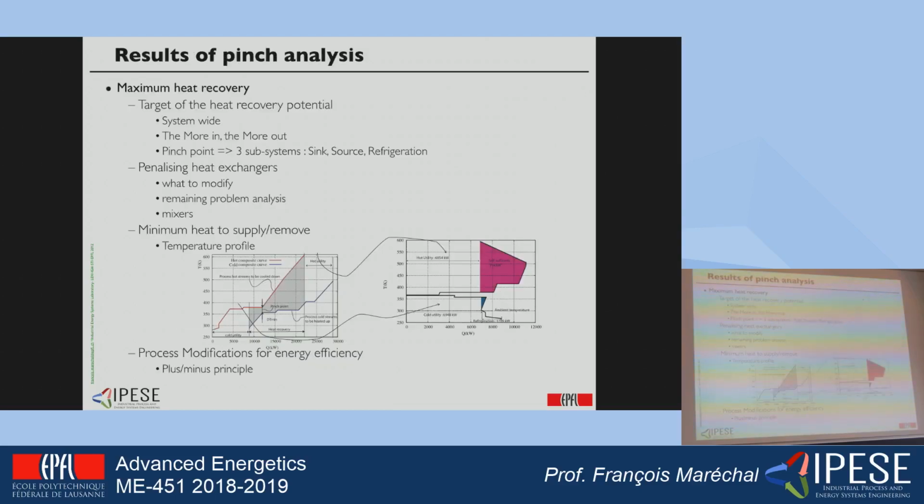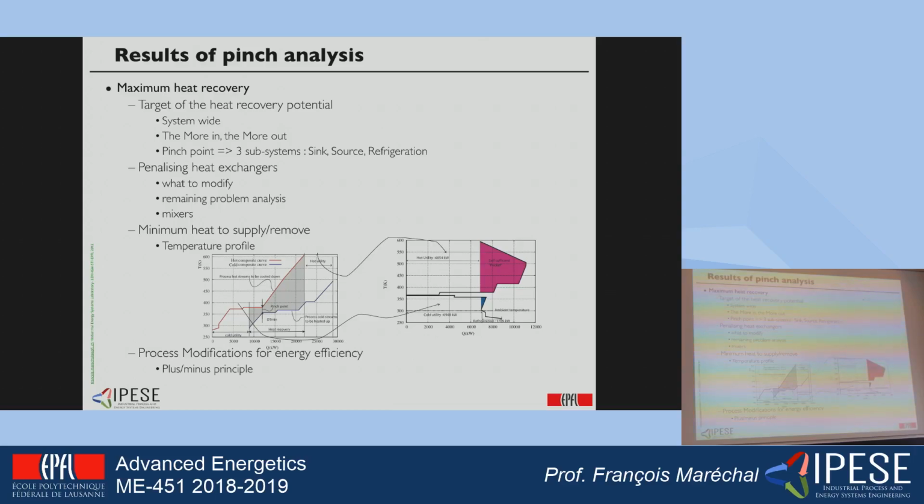From this analysis, we have been able to divide the system into three subsystems: the heat sink, the heat source, and the refrigeration part below the ambient conditions.